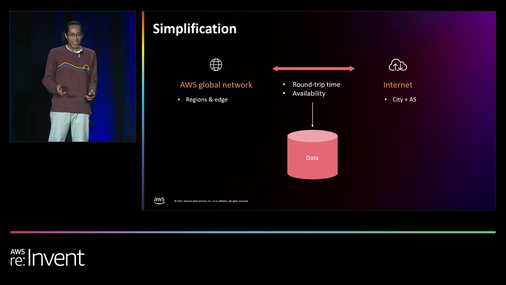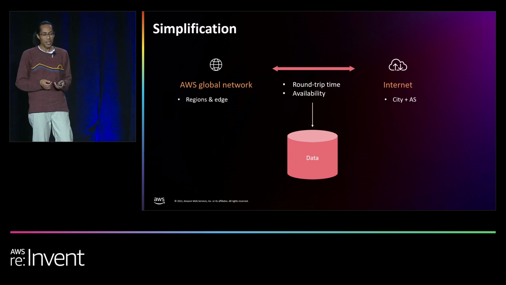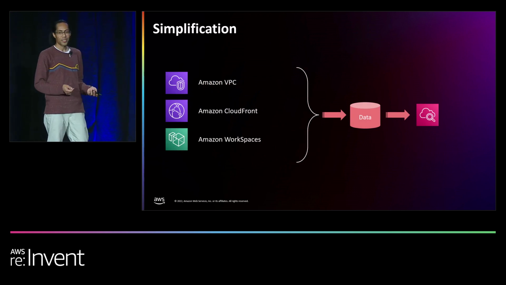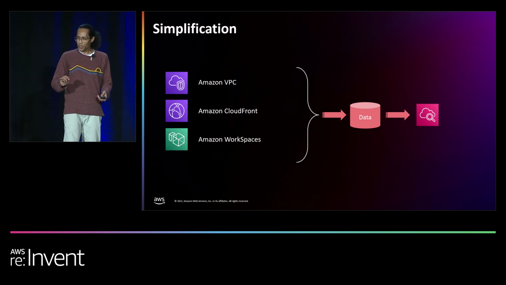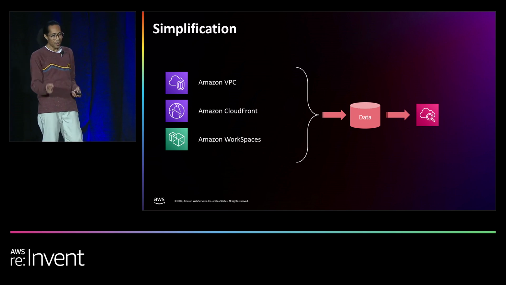The problem, though, is if we took that large volume of data and presented it to you, our customers, it would probably be overwhelming. There's no way a person can get their head around that. So what we then do is we look at your applications on AWS. We look at your virtual private cloud. We look at your CloudFront distributions and your workspace directories. We see who on the internet you're talking to.